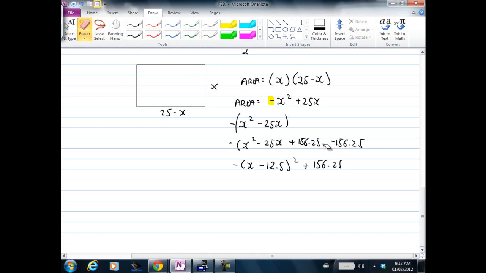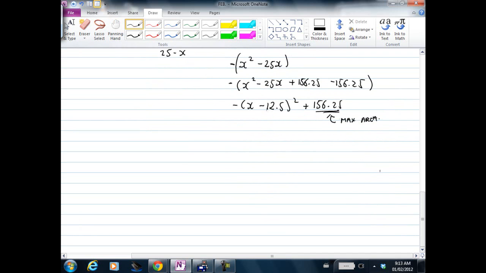Hey, guess what? Everyone who said 156.25, you are correct. Because if you look at this right here, it refers to max area. That's your maximum area. This right here refers to when it occurs.